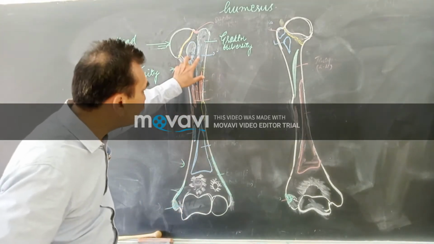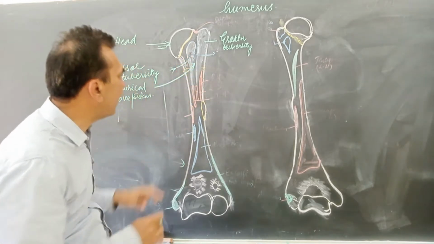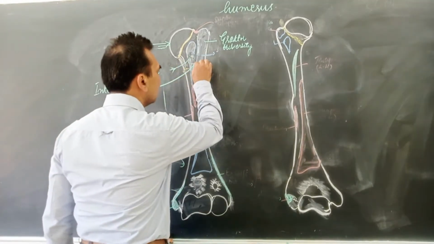Now the intertubercle groove, on the lower side, makes two leaves.